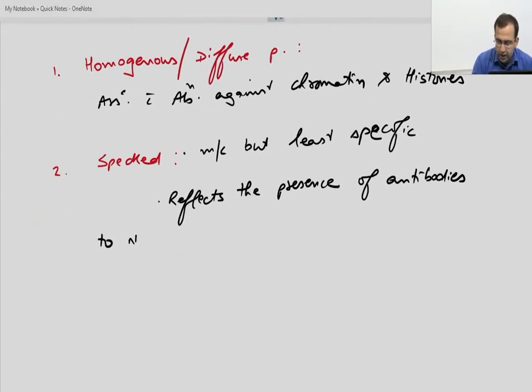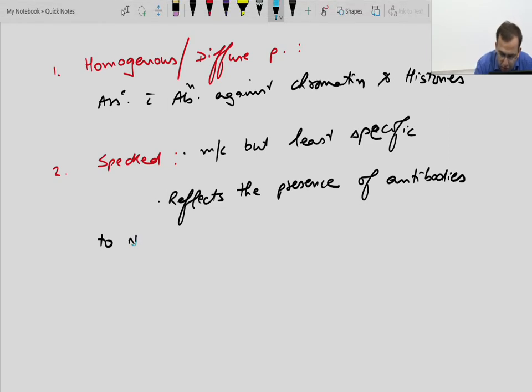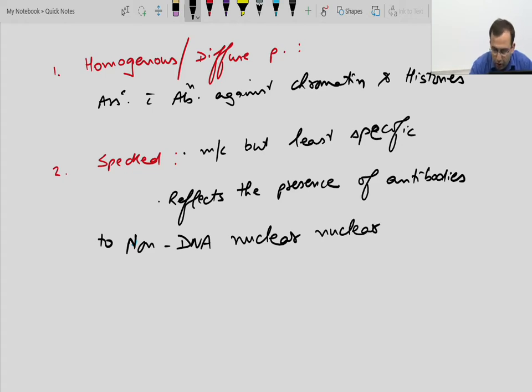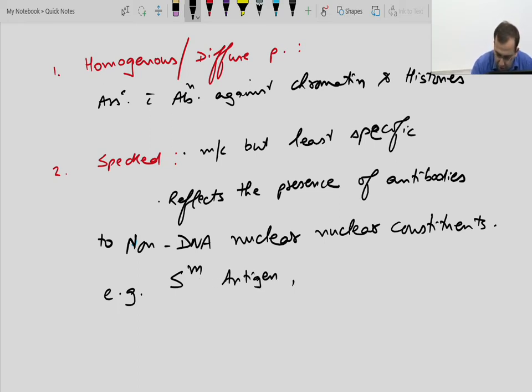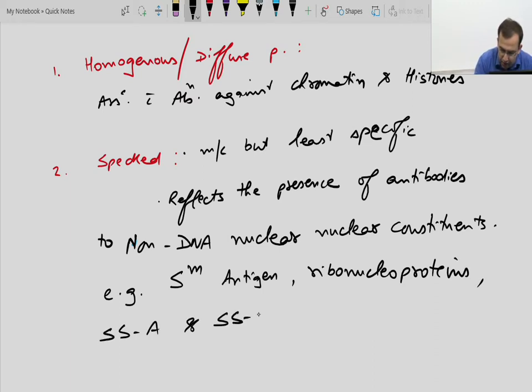So it reflects the presence of antibodies to non-DNA nuclear constituents. What do we mean by this? Examples are Smith antigen, ribonucleoproteins, SSA and SSB antigens.